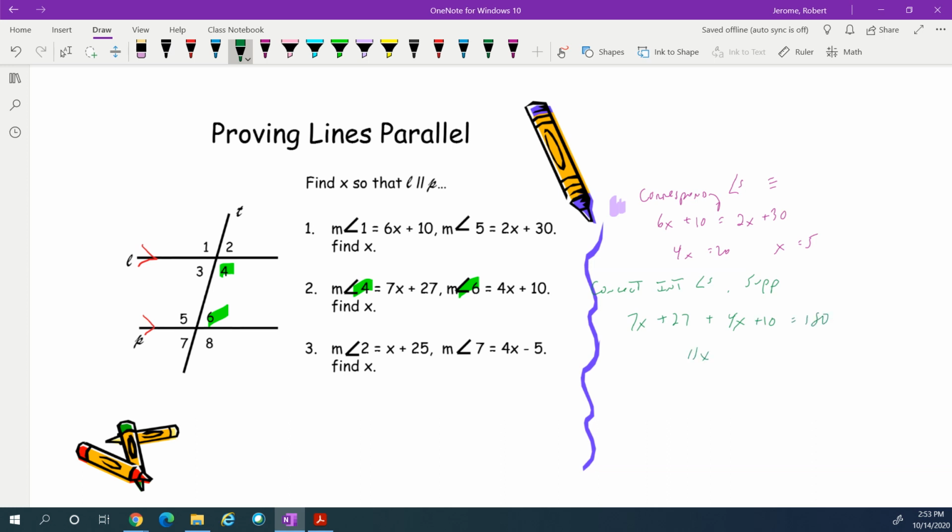And work it out. 37, 180, 11x. 180 minus 37 is 143. And 143 divided by 11 gives us 13. So we're not doing anything different. This is actually exactly the same as the previous lesson. It's understanding the directions. If we understand the directions, we can do whatever we have to do.